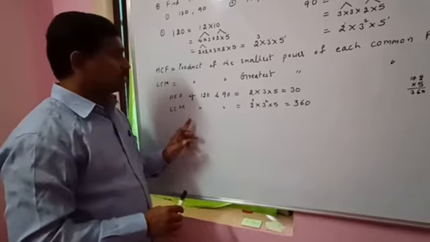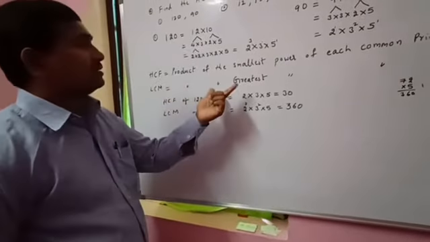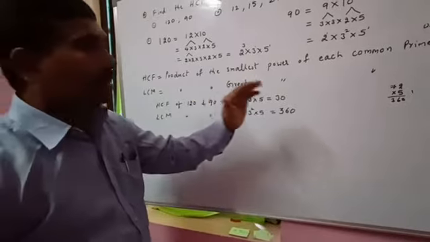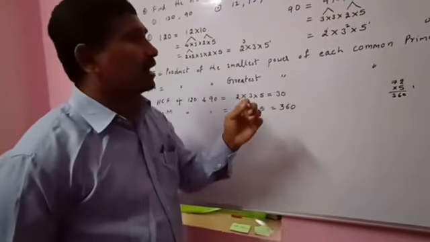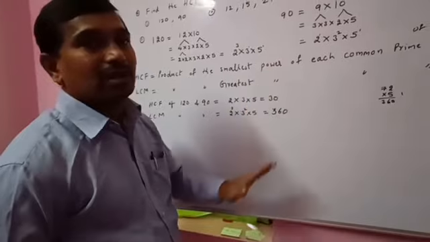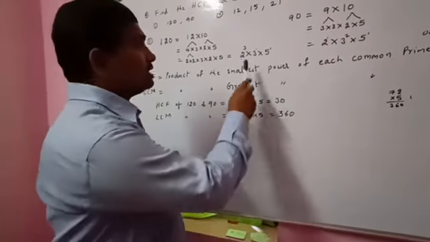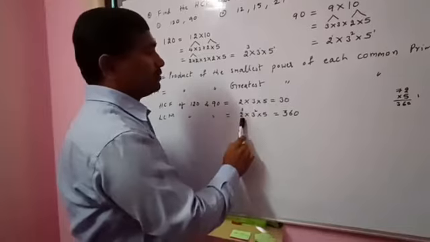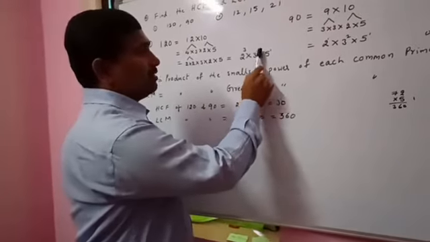Now LCM. LCM is the product of the greatest power of each prime factor. So here find out the prime factors and take the greatest power. 2 is a prime factor. What is the greatest power? 2 power 3. Next 3 power 1, 3 power 2.